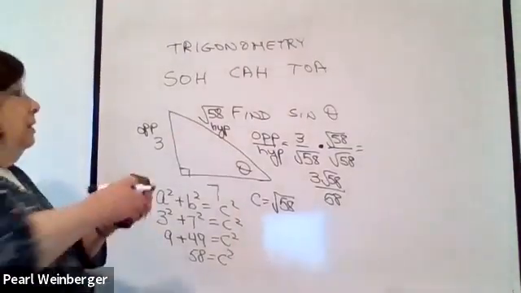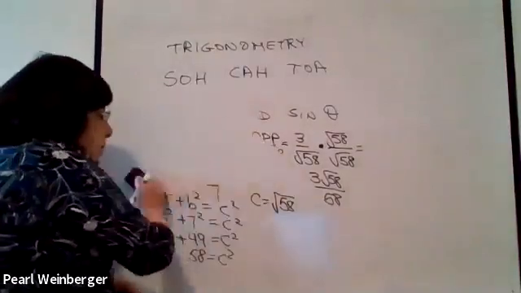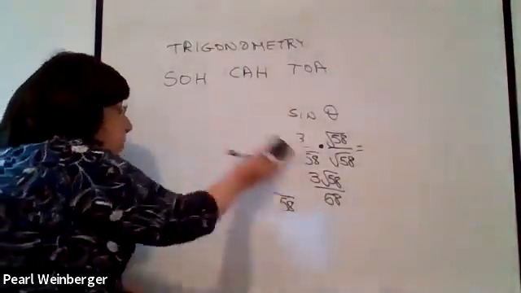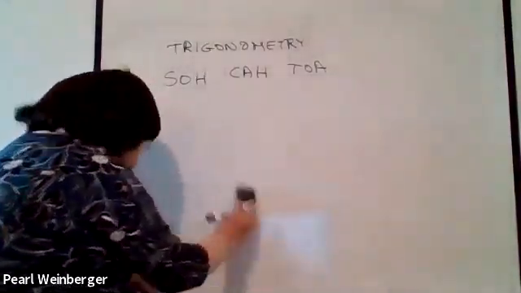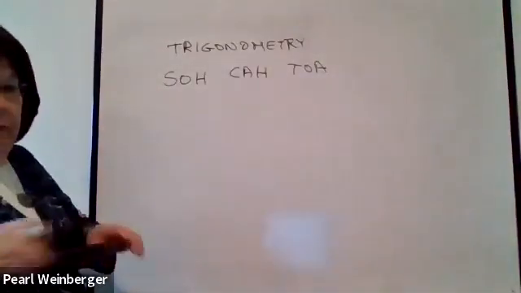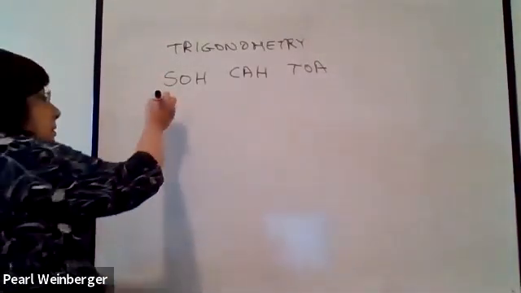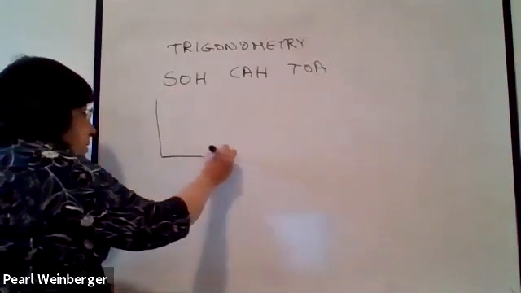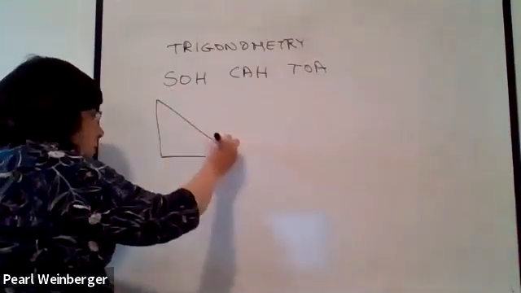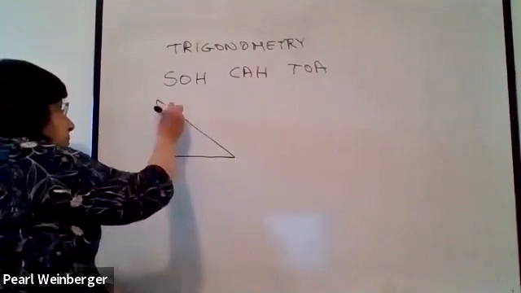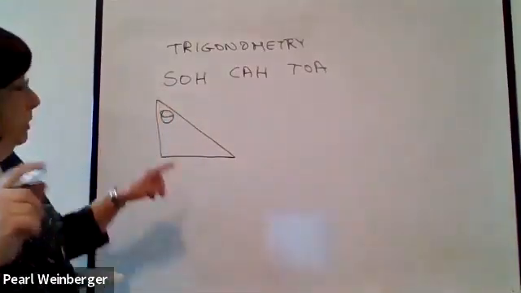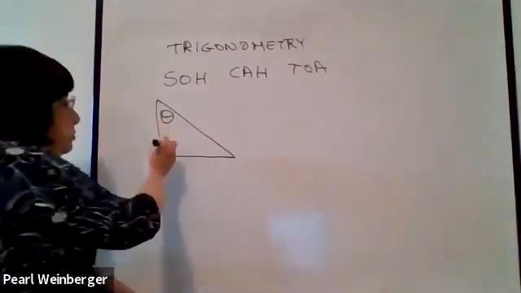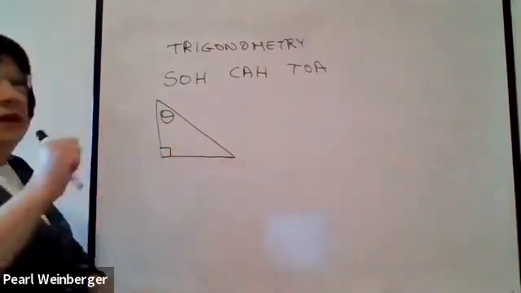Okay. So let's try one more problem like this. Let's say I gave you a problem that looks like this. Let's put our theta over here. We never put the theta over here because this is always the right angle. The theta is never a right angle.